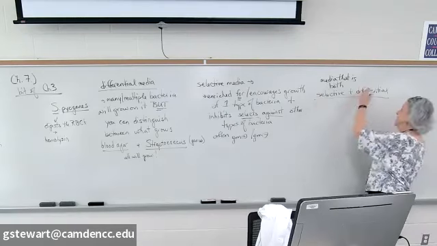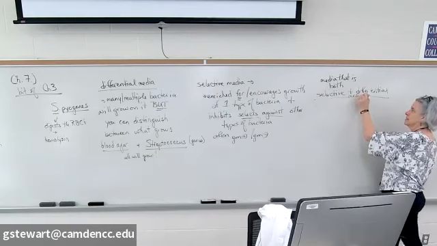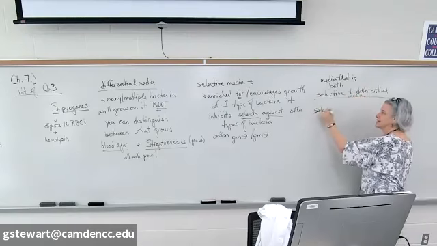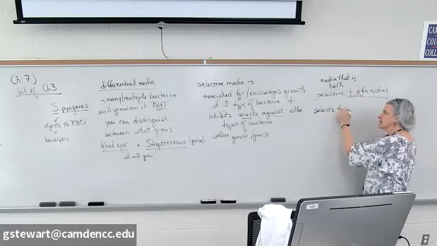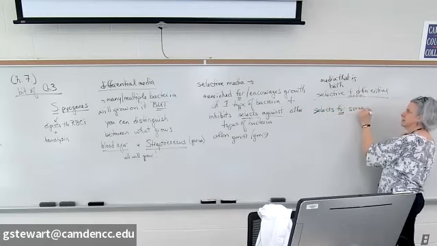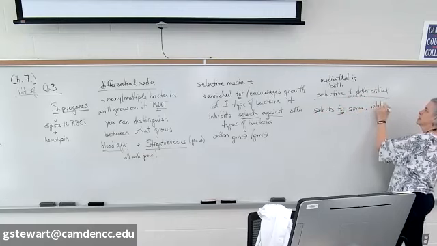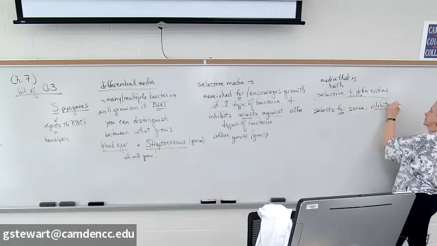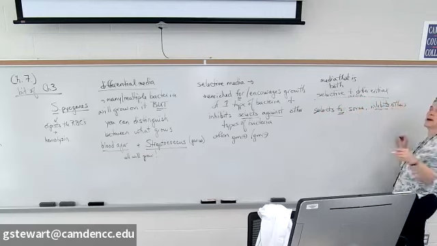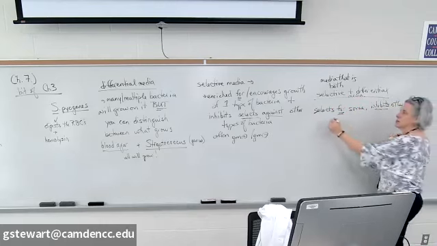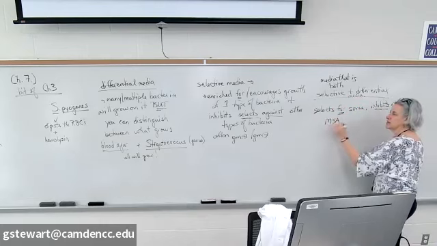So selective and differential media does both. It selects for some, inhibits others. And like I said, that's usually a gram positive, gram negative thing. So our example of mannitol salt, right?